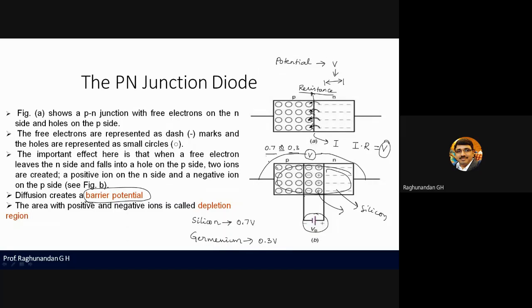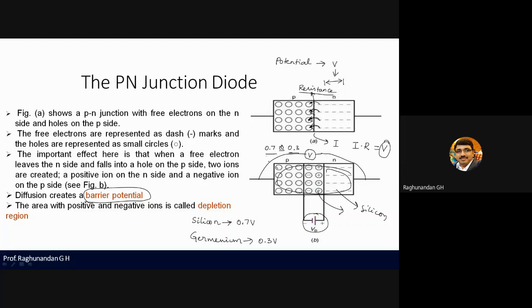Once the ions are formed, they are going to form the depletion region. You can think, oh, they can keep on jumping like this. It cannot happen like that, because when they cross, they become ions. This area is occupied by these ions.